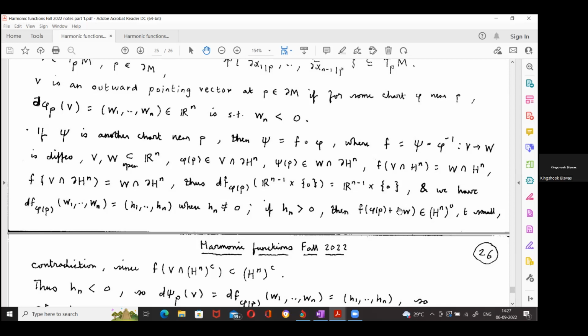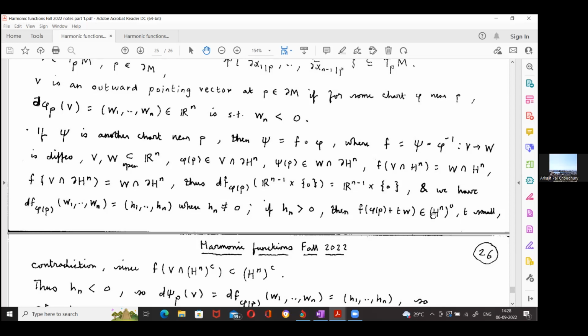The derivative of this curve is exactly h1 to hn, right? So if hn is positive, then the image of this curve is going to lie inside the interior of the upper half space for t small, right?